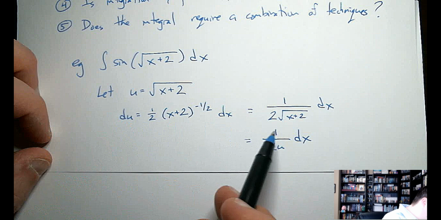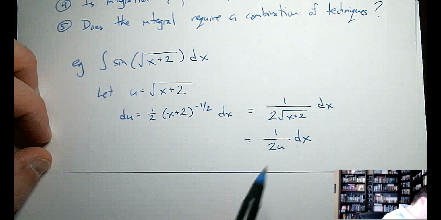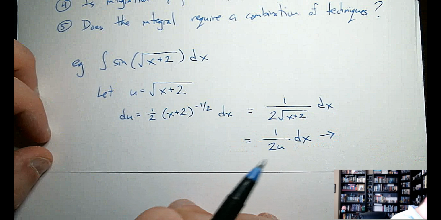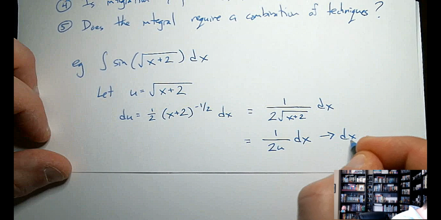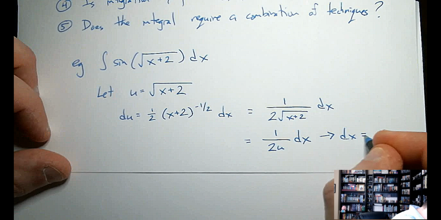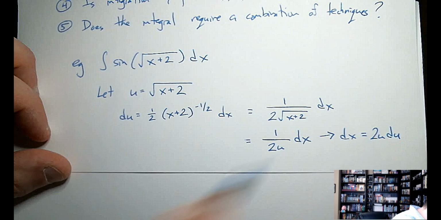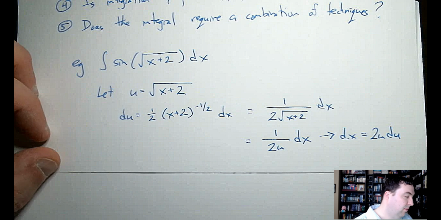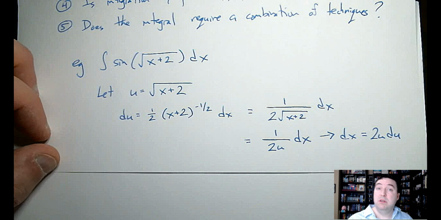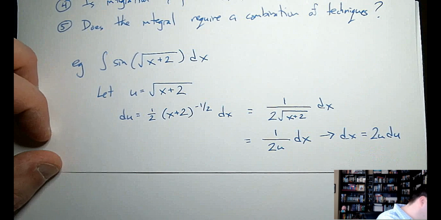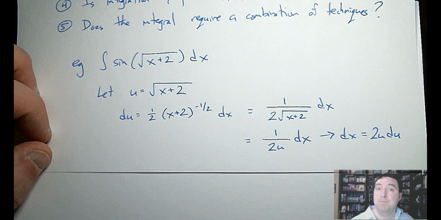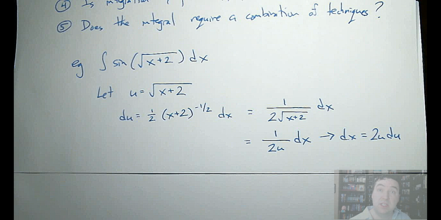So if du is 1 over 2u times dx, then that means that dx, if we multiply this across, is 2u du. So will that give us dx just in terms of u? It certainly seems to. Let's continue this in the next video.